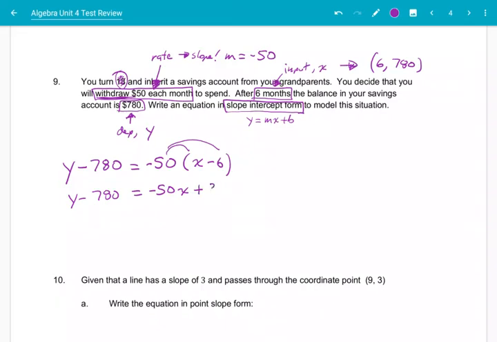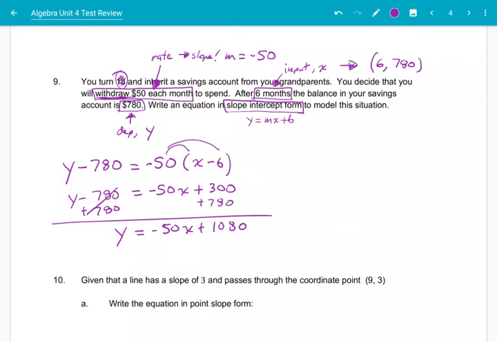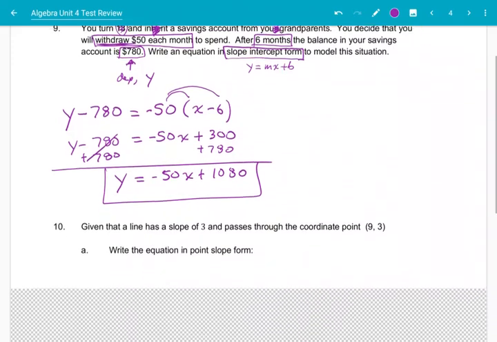That's going to be a positive 300. Okay, now I can add that 780. Right over here, y equals minus 50x plus 1080. So there is my equation after 6 months. All right.